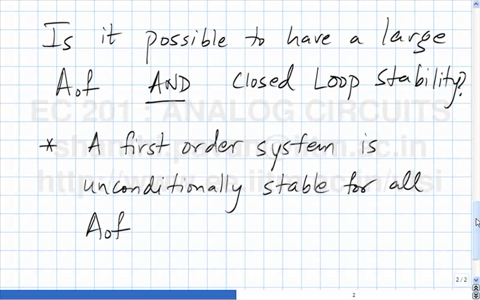But unfortunately, the first order system cannot have a large A0F because of fundamental device limitations. You cannot realize a large A0F using a single stage. However, the third order system can realize a large A0F, but the moment you close the loop, it starts oscillating. So the question is, is there some way of combining the merits of both situations?